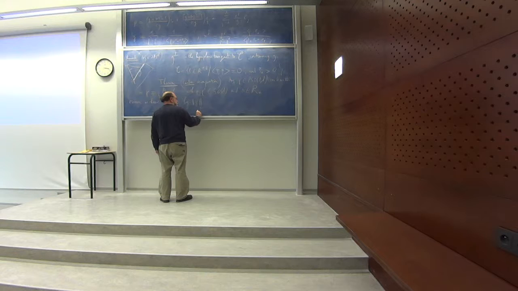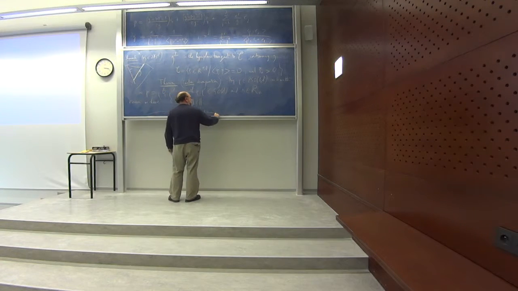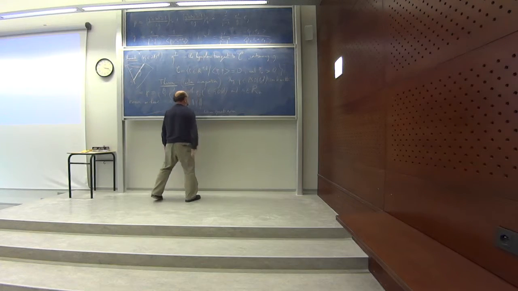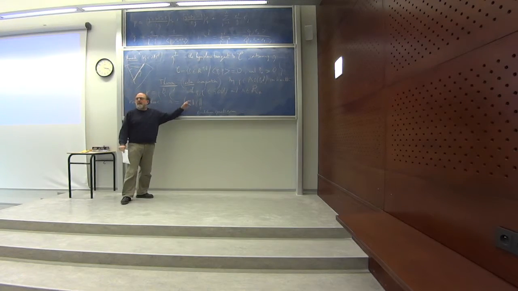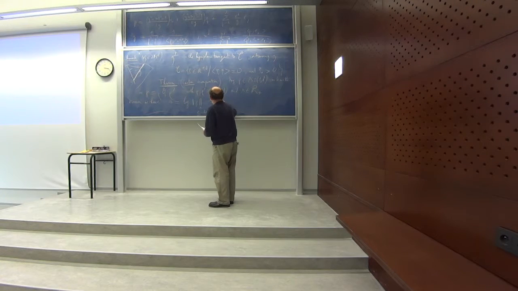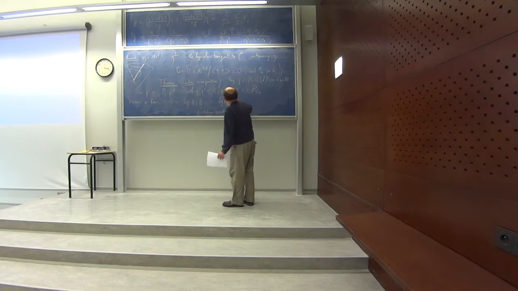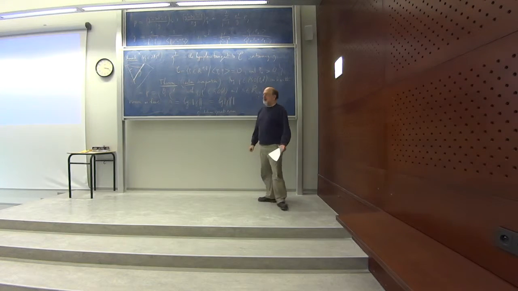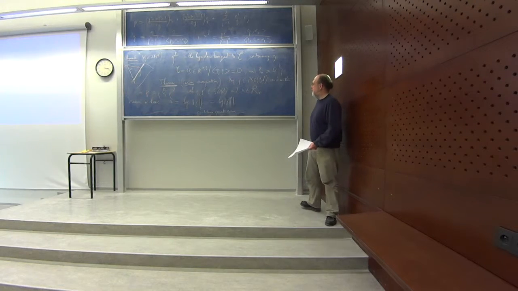Here is the Euclidean operator norm of the matrix gamma. And this is the same as the norm of its inverse element. It happens to be the same.